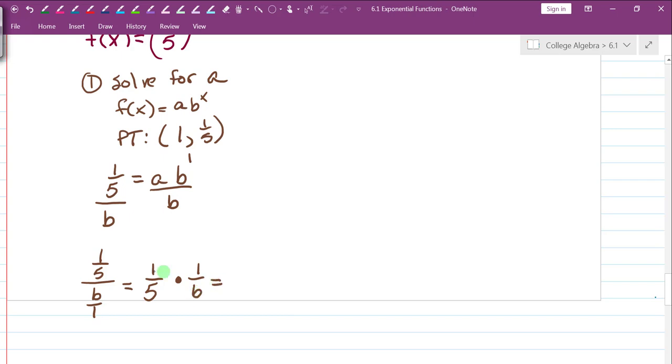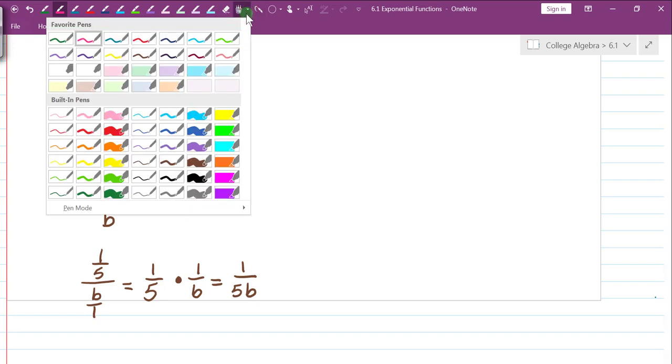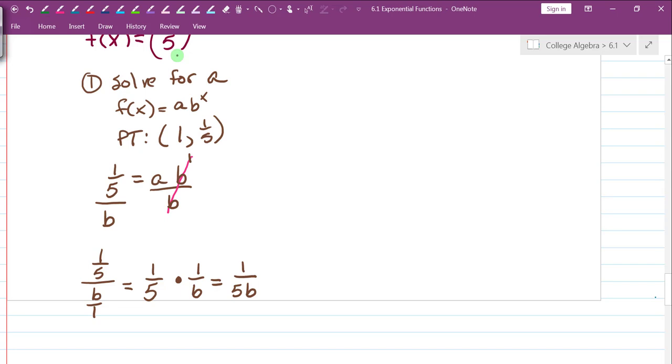So this is 1 times 1 is 1. 5 times b is 5b. So right here, that factors out to nothing. And I end up with, therefore, a is equal to 1 over 5b.